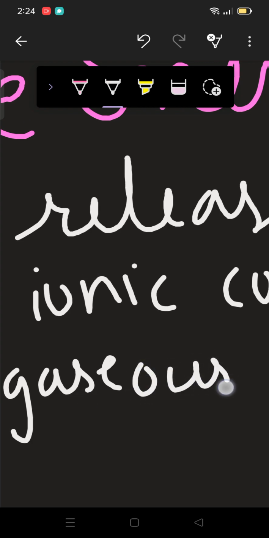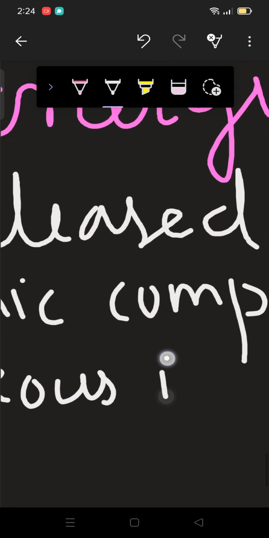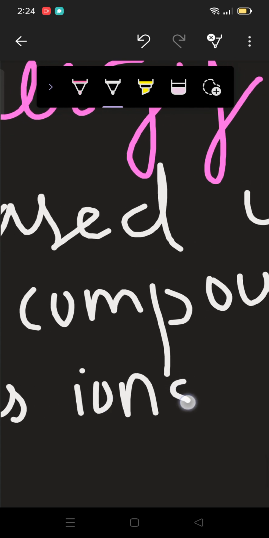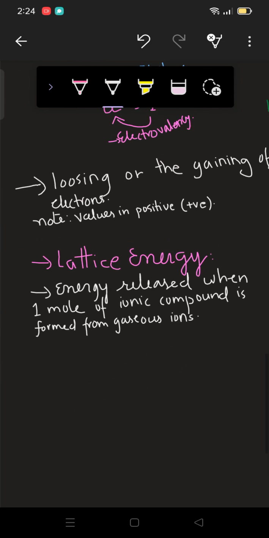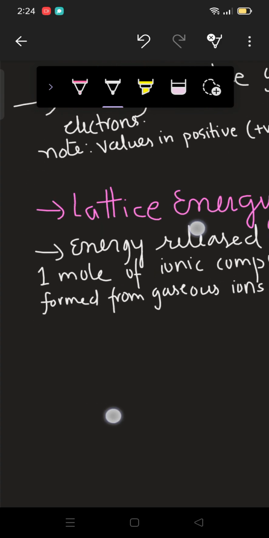Remember this term, gaseous ions. Right? So this is the energy which is released when 1 mole of ionic compound is formed from its gaseous ions.